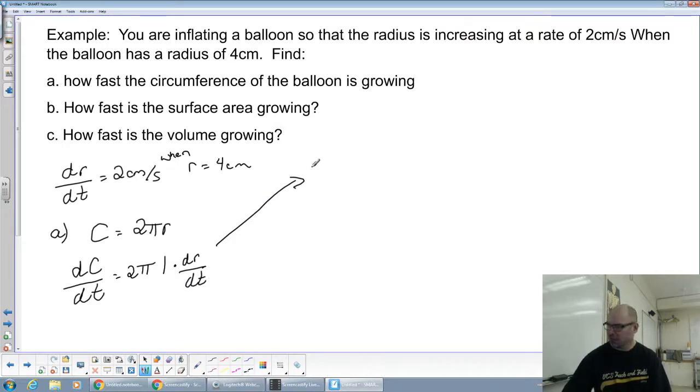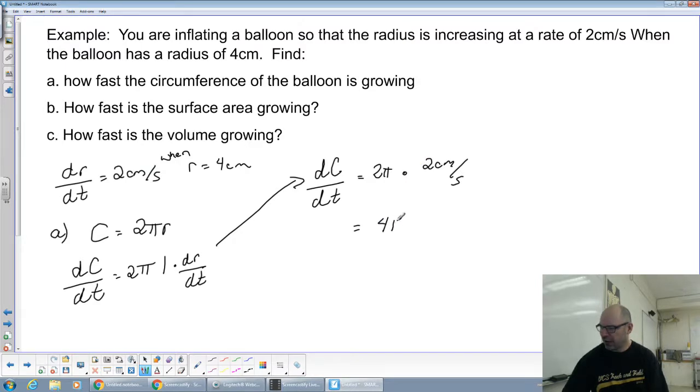So what we do is we go, well, dc dt, the circumference rate of change, is equal to 2 pi times 1, which we're just going to leave out, and then we put in our 2 centimeters a second. So our answer then is going to be equal to 2 pi times 2 is 4 pi, right, centimeters per second. And that's our rate.